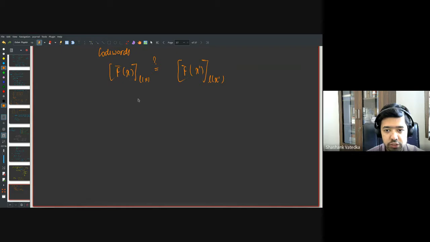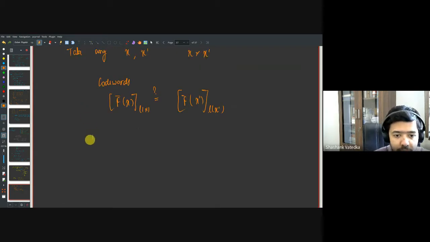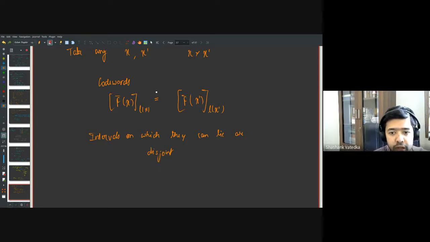The intervals on which they can lie are disjoint. So these two are never going to be equal to each other. So therefore, these two are non-singular. Okay, good.